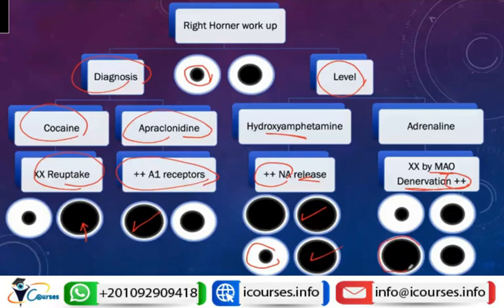In case of preganglionic, the monoamine oxidase is present, so it will destroy any adrenaline in weak concentration, so the preganglionic will not dilate. So this is the Horner. This is like the most difficult part of this lecture. Did you get it, or do you have any questions?